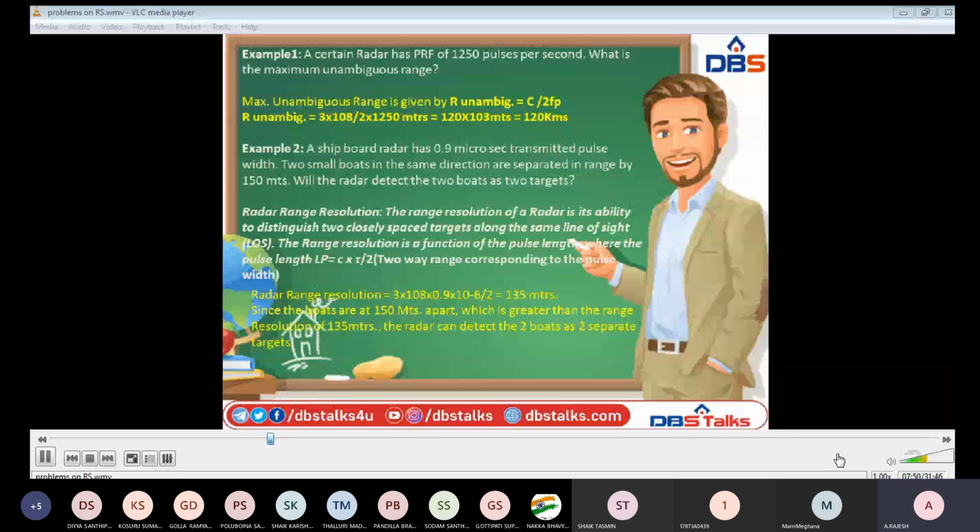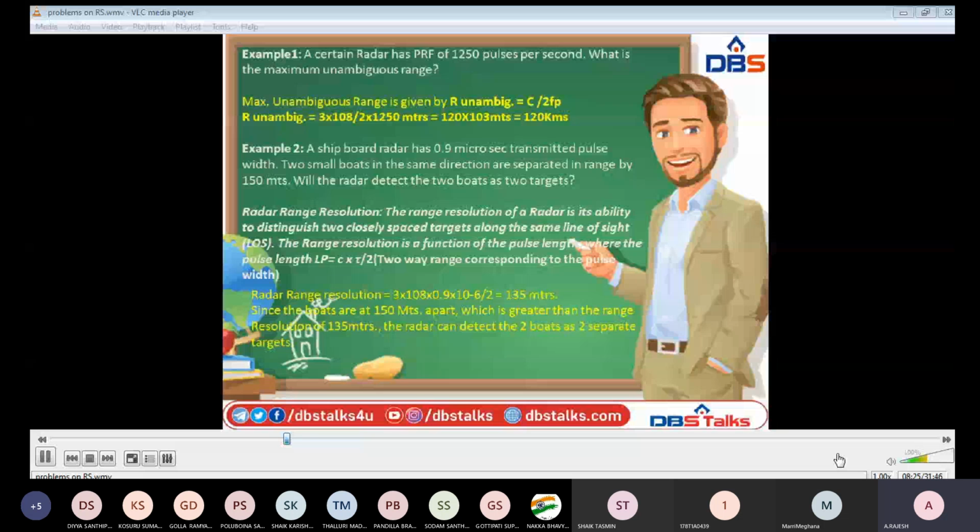Okay, I repeat, we are given the pulse repetition frequency, and we need to find the maximum unambiguous range. For that we have the formula R unambiguous is equal to C by 2 into FP, where FP is nothing but the pulse repetition frequency, PRF or FP, whatever, no problem.